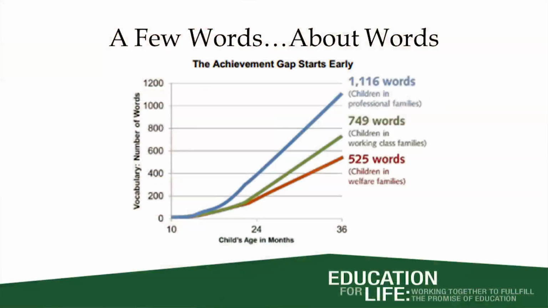But this is just a graph from the Hart-Risley study. For those of y'all that aren't familiar with this study, it was a longitudinal study done in the 1990s in Kansas. They took families from Kansas and split them up into 3 different socioeconomic classes. So professional, working class, and welfare.